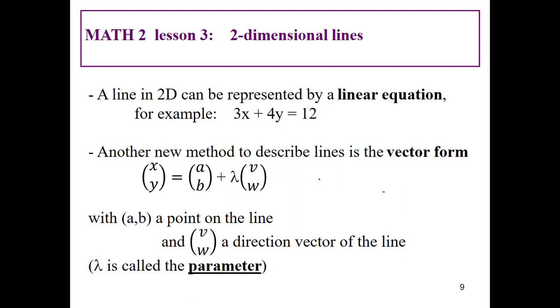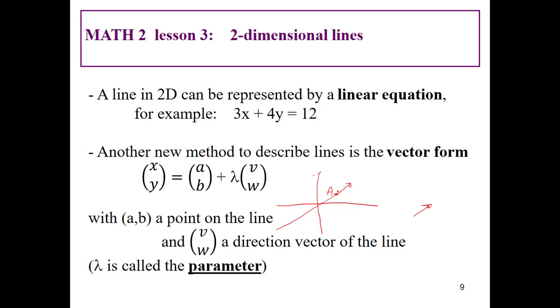For instance, if we look at a point, let's say we call this point here A, and I have a vector like this one, the combination of the two will give us a line. So I have a starting point, which is this one, and then I can have a scalar multiplication of this vector, which will give me the complete line.